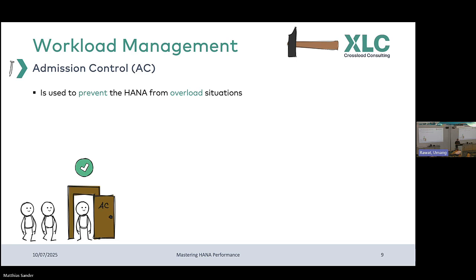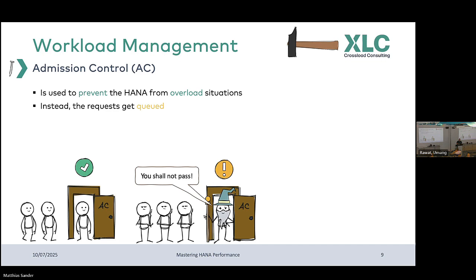In the normal case, if the system isn't under heavy load, every session can just come in and execute statements. When admission control triggers, requests can get queued, so they have to wait until enough resources are free and the load on the system has decreased, so that these requests can be executed.